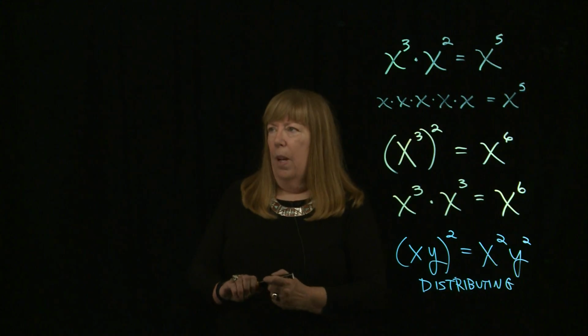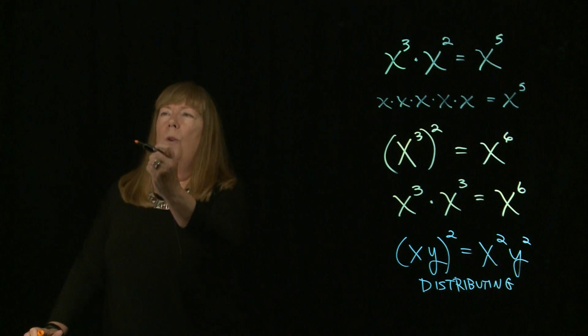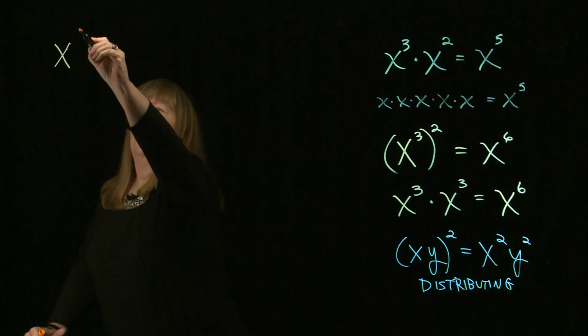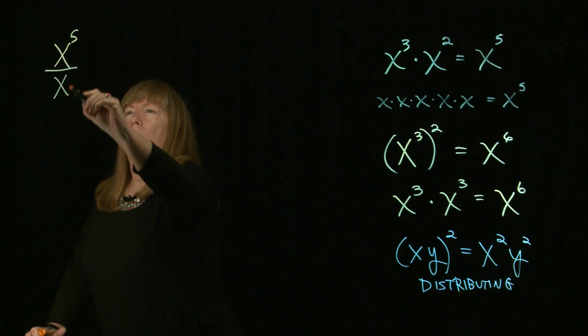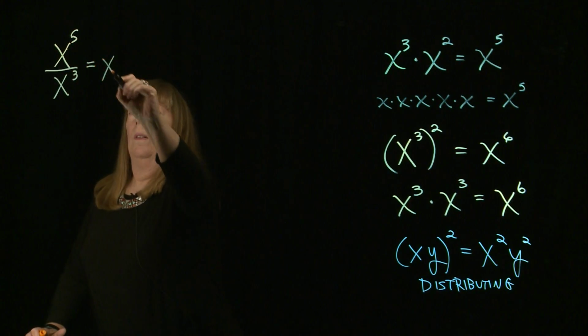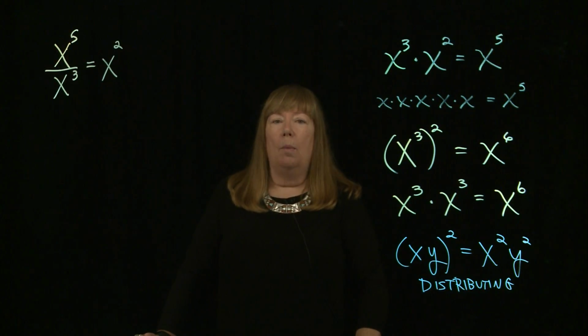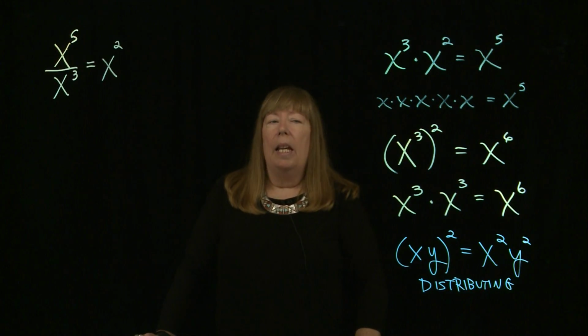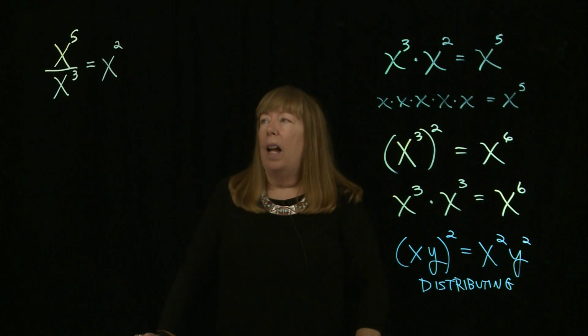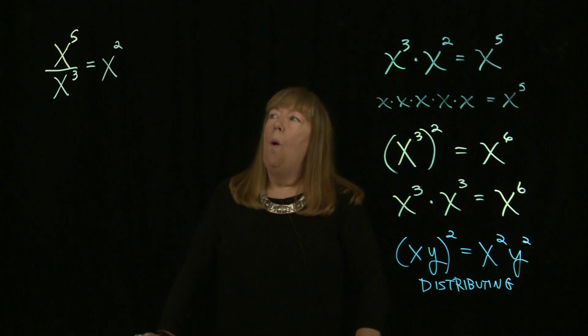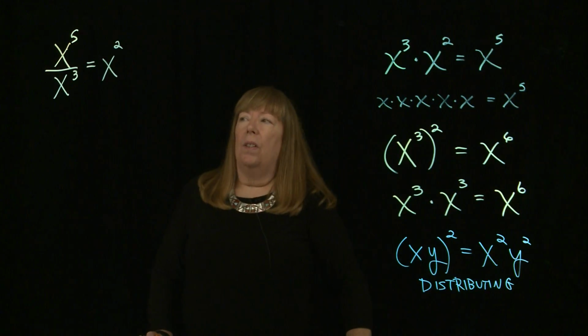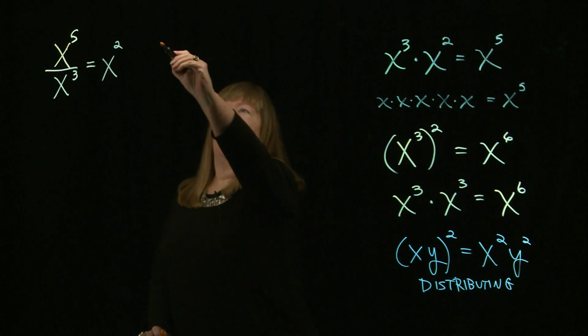Our fourth rule for exponents is called the quotient rule, and it looks like this. The quotient rule says when dividing powers with like bases, keep the base, subtract the exponents. And let me show you why x to the fifth divided by x to the third is x squared.